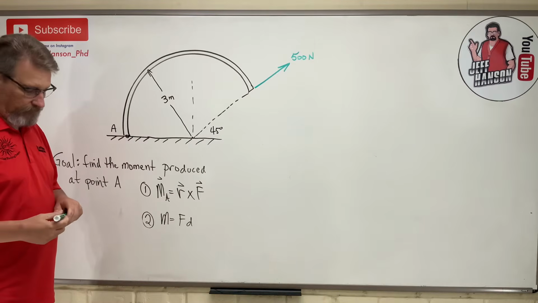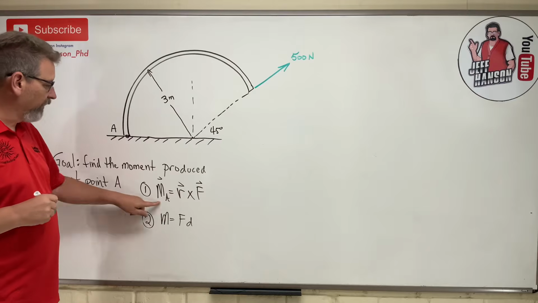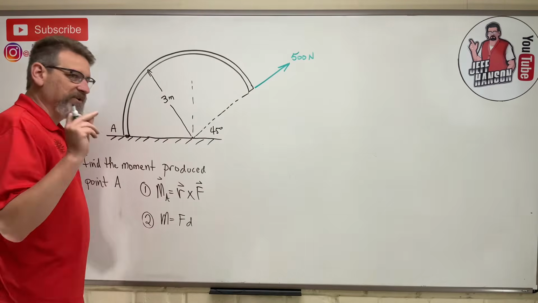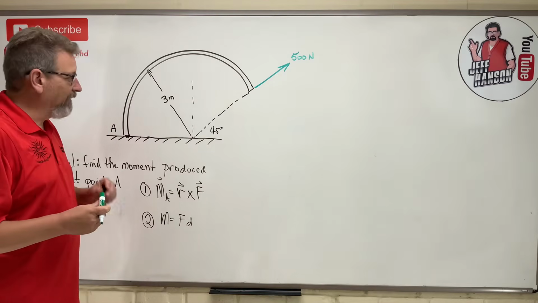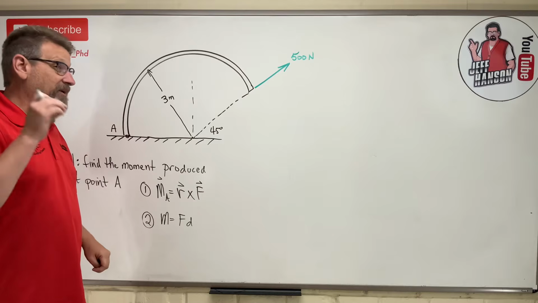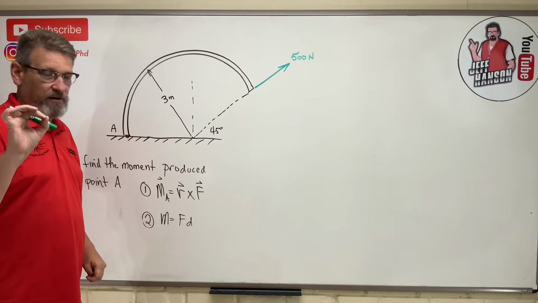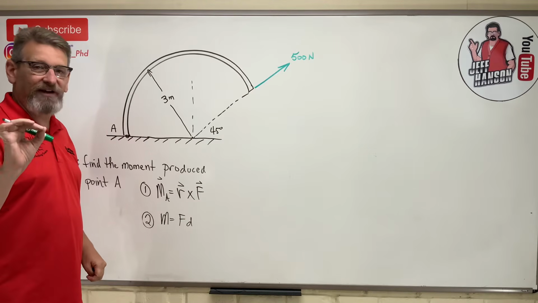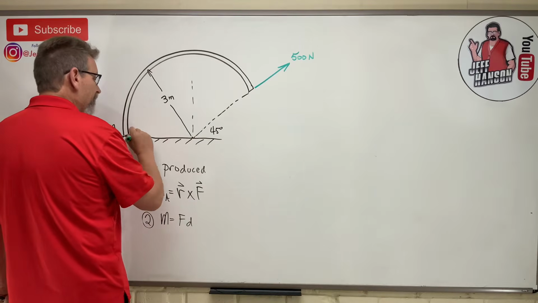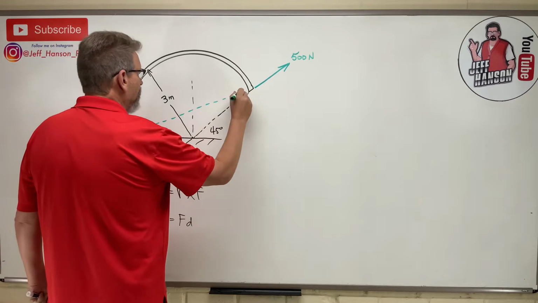So the first thing I want you to do, let's work it this way, is identify what is R, that position vector, okay? Now I'm going to propose to you that there are two choices here, because R can be anywhere along the line of action of the force. So R could be from A to here.